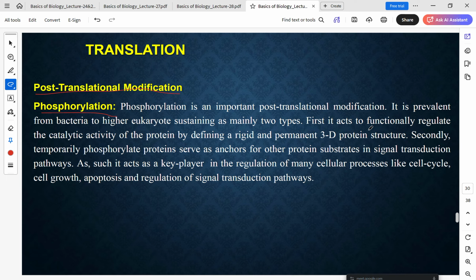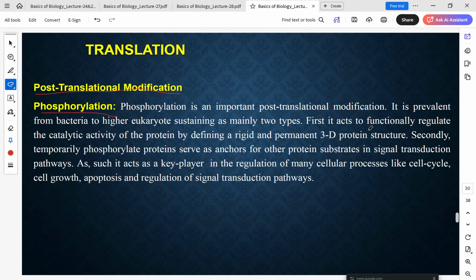It alters the catalytic activity of proteins. So phosphorylated versus dephosphorylated proteins have very different properties. There might be conformation changes due to the phosphorylation, or it might change the activity of the protein.